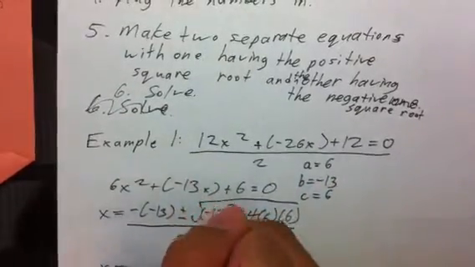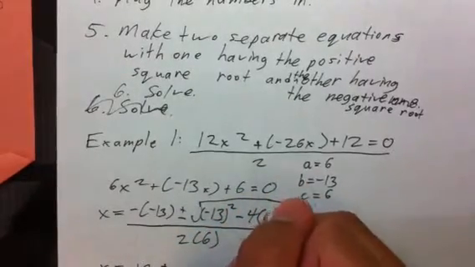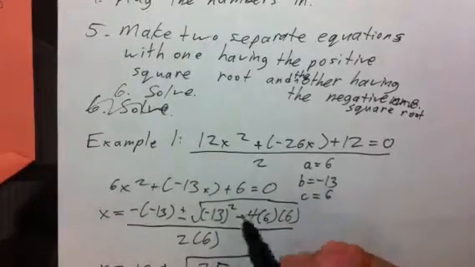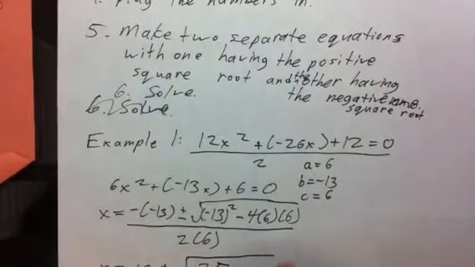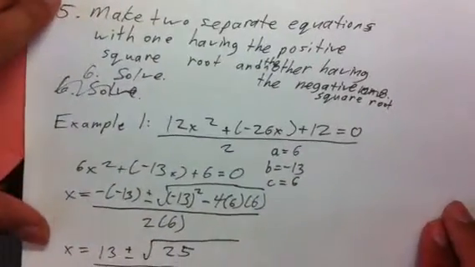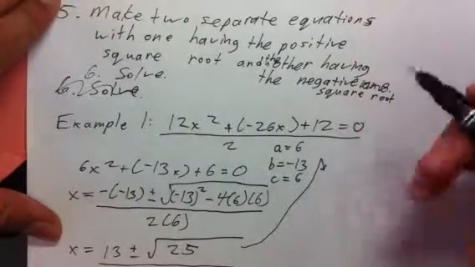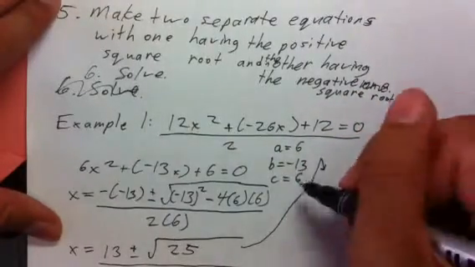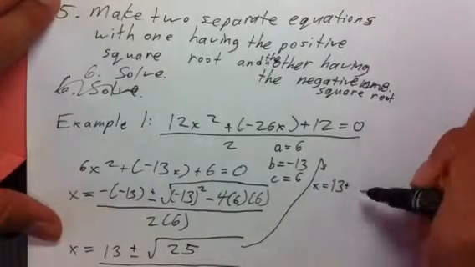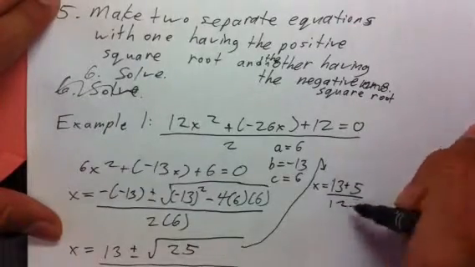I'll plug the numbers in, and then we can solve a little bit. So we get x equals 13 plus or minus the square root of 25, all divided by 12. Now, we'll make two separate equations. So we have one with the positive square root: x equals 13 plus 5 divided by 12.